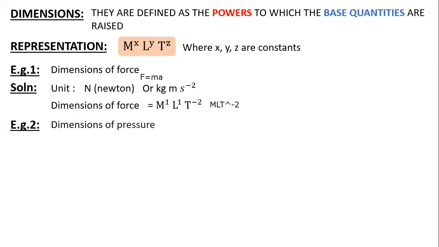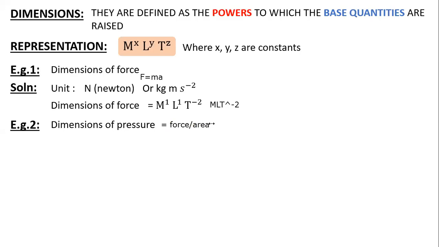Similarly, if I go for the dimensions of pressure, can anyone help out with the dimensions of pressure? What will it be? Yes, 7 of you. Okay. So Shiv says it's force upon area. Pressure can be written by the formula force by area. The unit of force we already know is kg meter per second square.